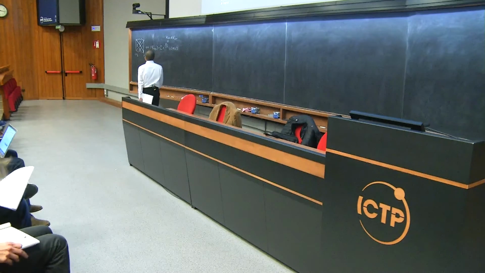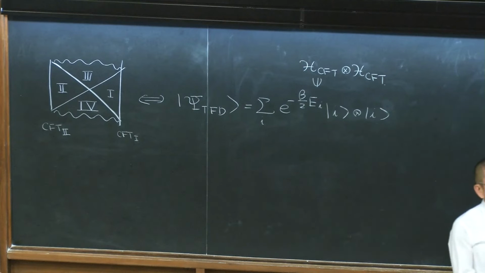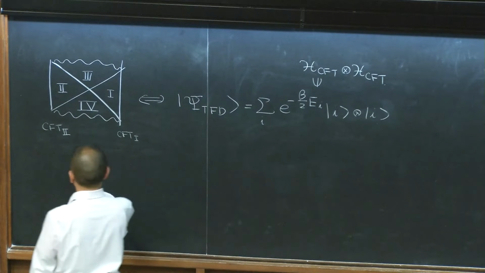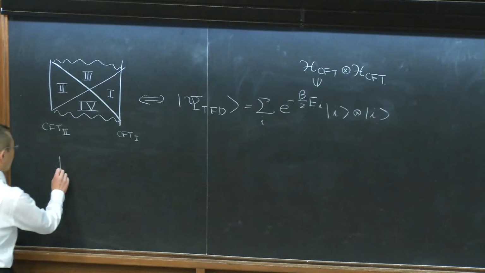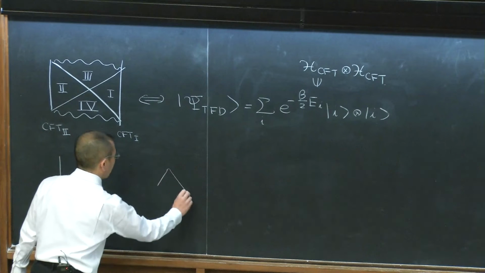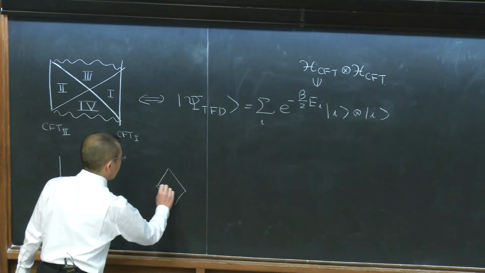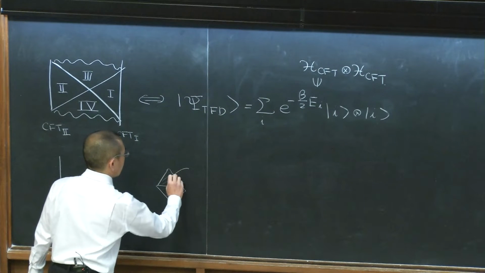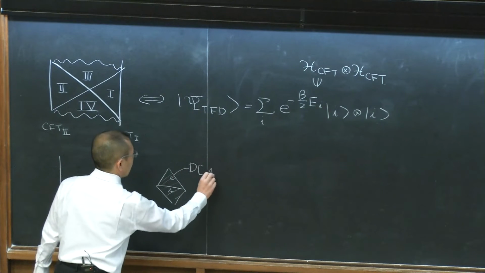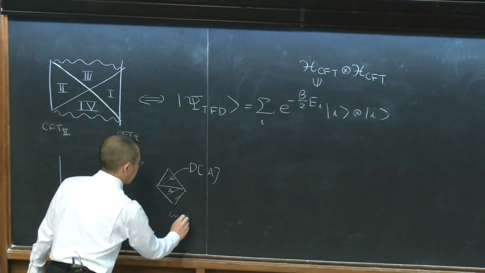But then I would also like you to remember the causal wedge reconstruction, or AdS-Rindler wedge reconstruction, that we discussed earlier yesterday. Which is to say that if you have just one boundary, and a causal domain on the boundary of some region A in CFT.